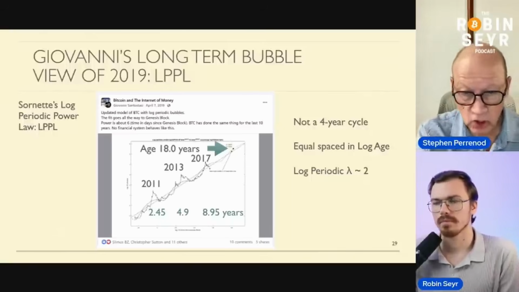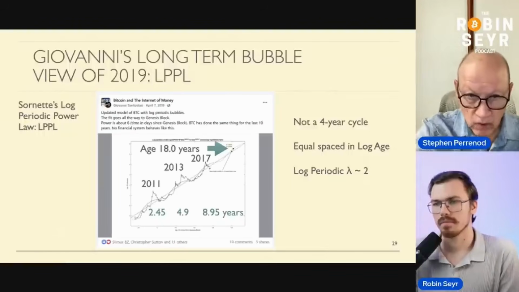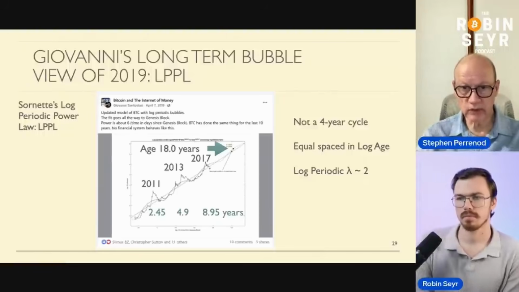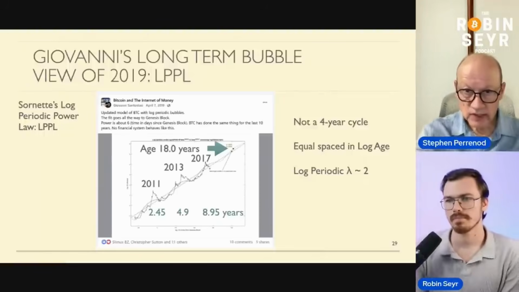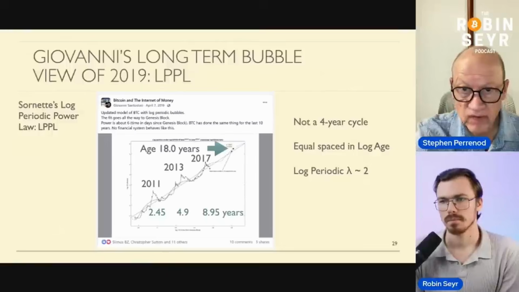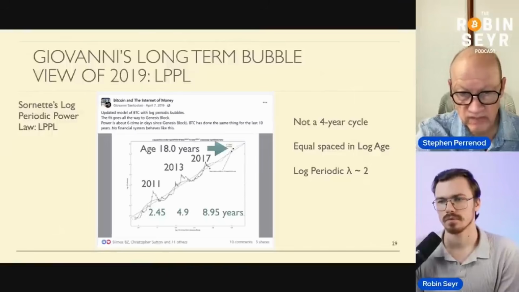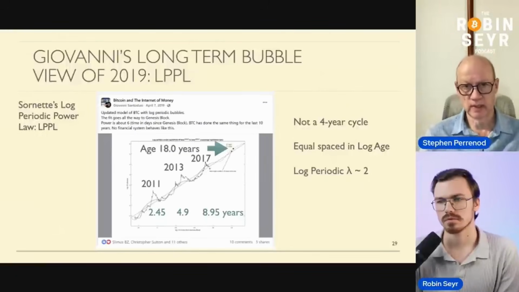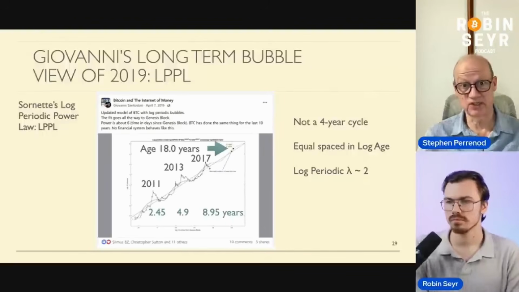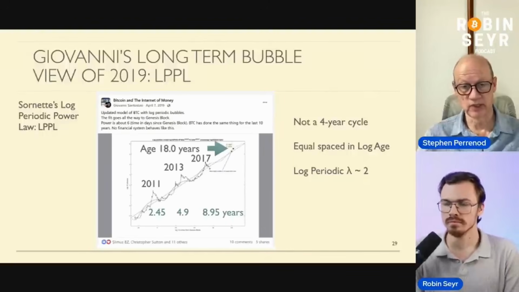This is a log chart. You can see the overall power law trend as well with the red line. And you can see the values that he predicted for X and Y, which are the log of the day count from the Genesis block. So I just calculated that, and it turns out to be 17.96 years, 18.0 years. So I've annotated his original chart.